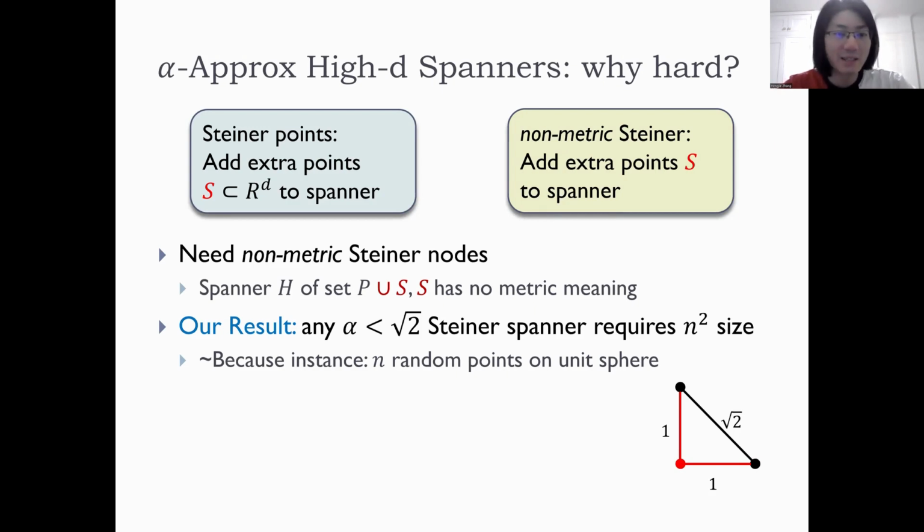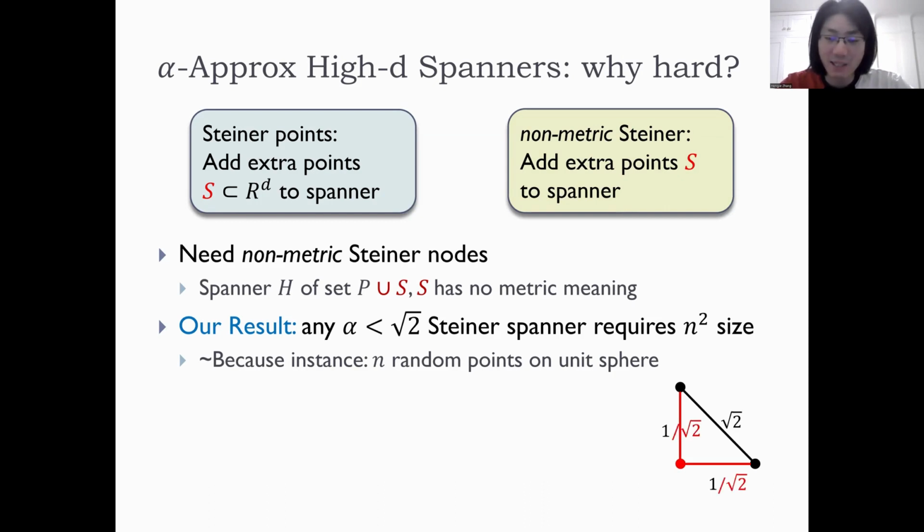Suppose we are only allowed to add points within R^D. The best we can do is add a Steiner point at the origin, and then link this point to every other point with distance 1, creating a star.